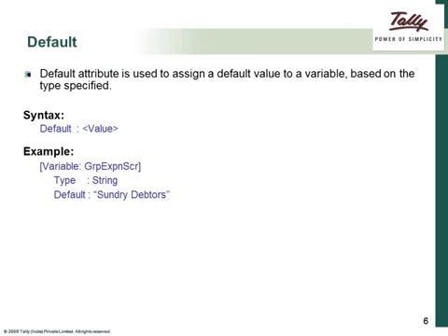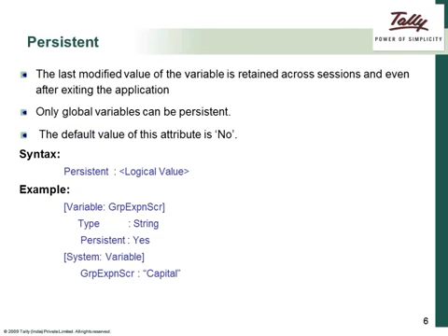Then we have an attribute called default. Then we have an attribute called persistent. Now, this is where, Brian, yes, you had asked this question that the yes does not remain yes, it becomes no again. Right? That was the question you had asked me.